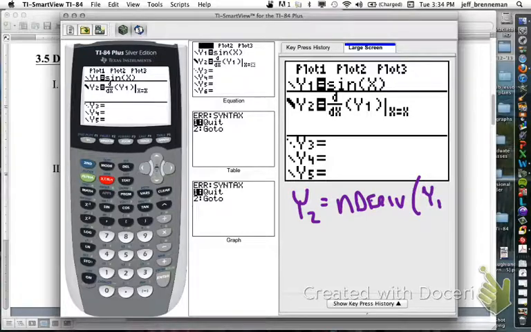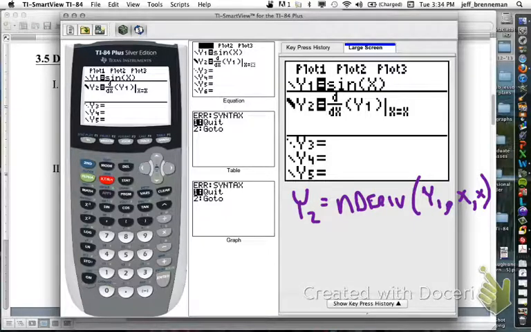And so remember, that's vars, y vars, function, y sub 1. You want to put a comma, x, with respect to x that is, and another x, and then close parentheses, and you will end up getting the exact same thing that we get.